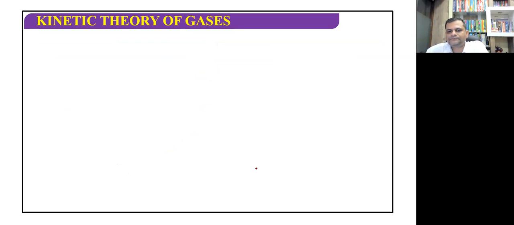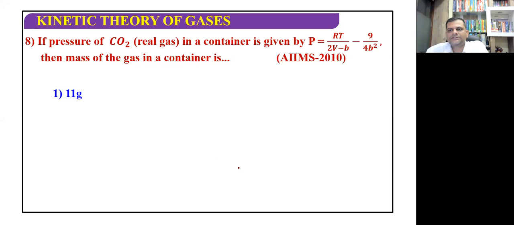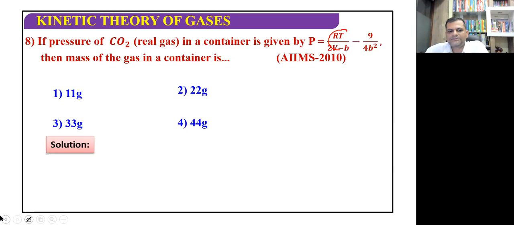Okay. Chalo, ठीक है. Next one is, if pressure of CO2 gas in a container is given by P is equal to RT upon 2V minus B minus 9 upon 4B square.